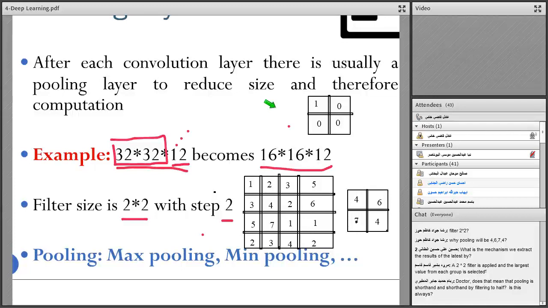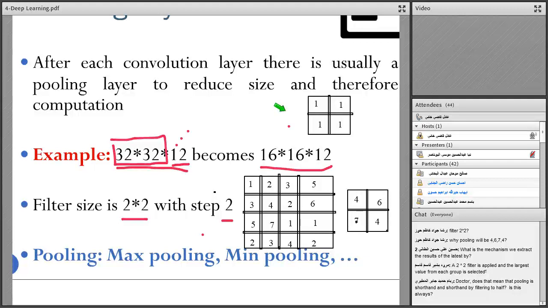Okay, this is, for example, a filter in the pooling layer.